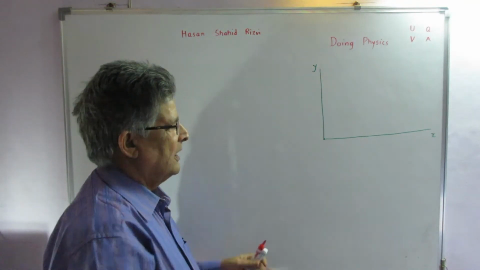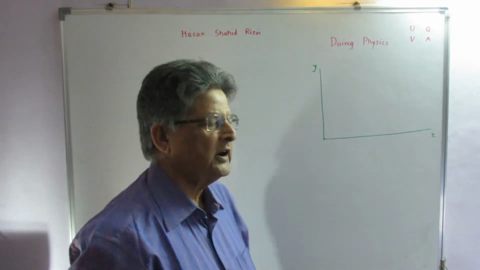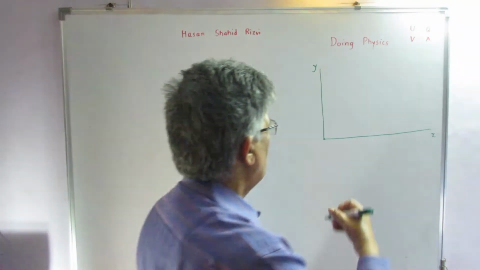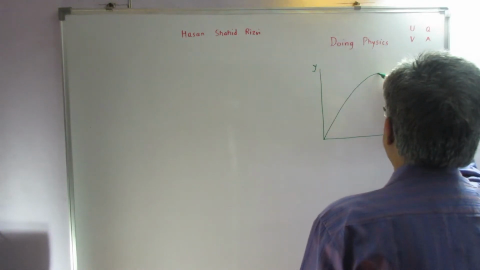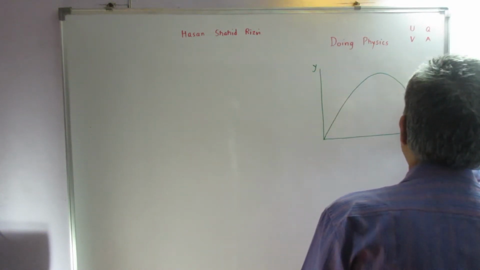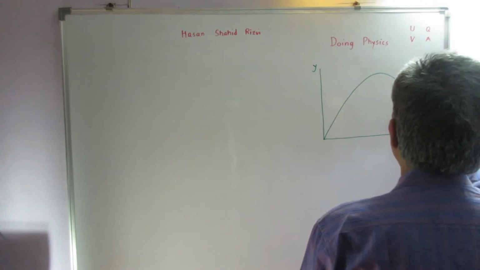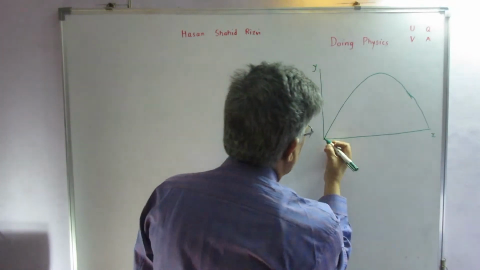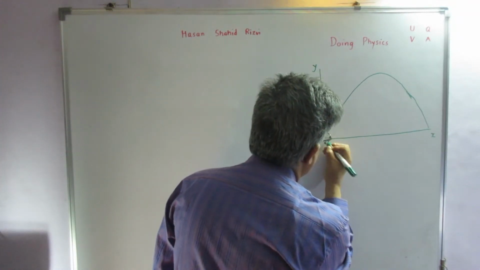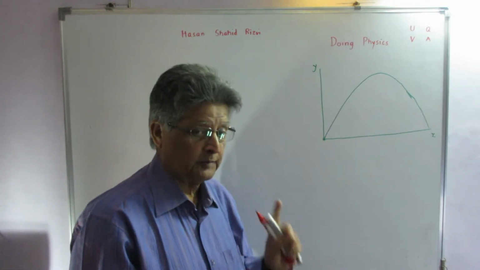When we throw a pebble, we find a trajectory which will look something like this, where the particle under consideration is taken as a point object.